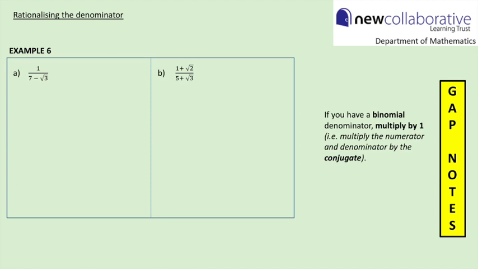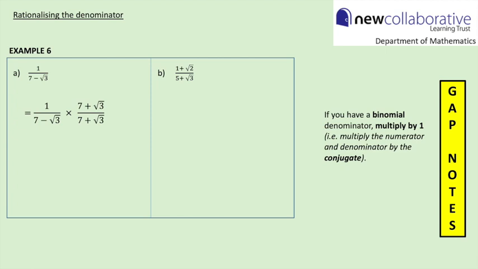So in part A, where we have 7 subtract root 3 as the denominator, we're going to multiply the numerator and the denominator by 7 add root 3. Now since we are multiplying by something that's equivalent to 1, it's not going to change the value of the fraction, but it will change how it looks.